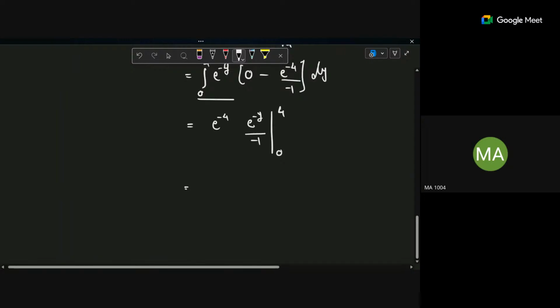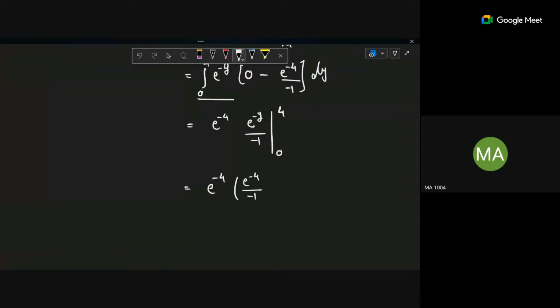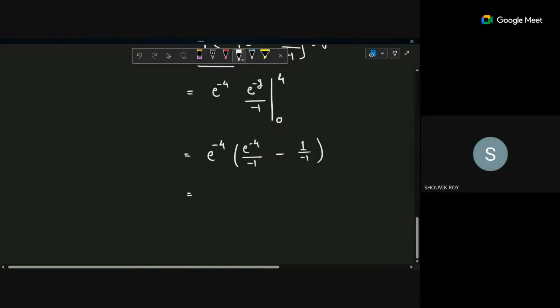Now you just put the limit, so you will get e to the power minus 4 divided by minus 1, minus e to the power minus 0, which is 1, upon minus 1, fine. Once you solve it, you will get e to the power minus 4 times 1 minus e to the power minus 4, fine. So that was the probability that x is taking value greater or equal to 4 and y is less or equal to 4, fine.